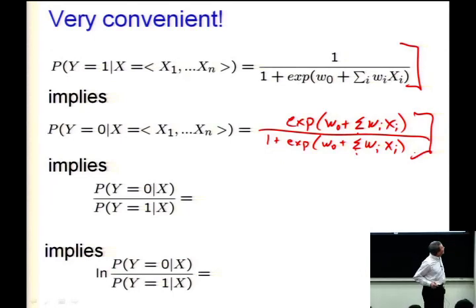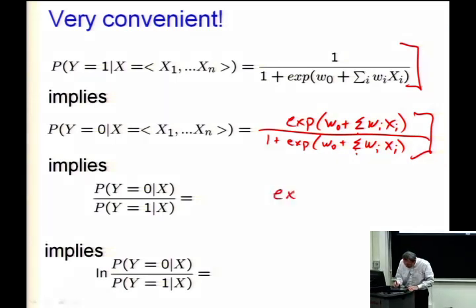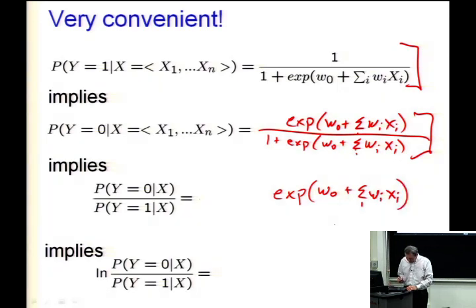Okay. So now we know both p of y equals 1 given x and p of y equals 0 given x. What's the ratio of those two? Right, just this. And what's the log of that? Well, that's just, we get rid of our exp.